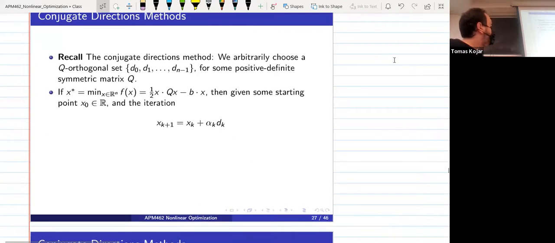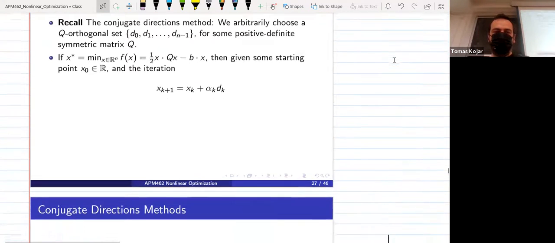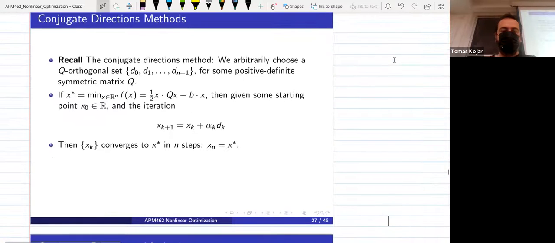So again, the question is find the minimum of this quadratic. And we have this algorithm. And what we just proved is that if you just take n steps, you converge to the minimizer.